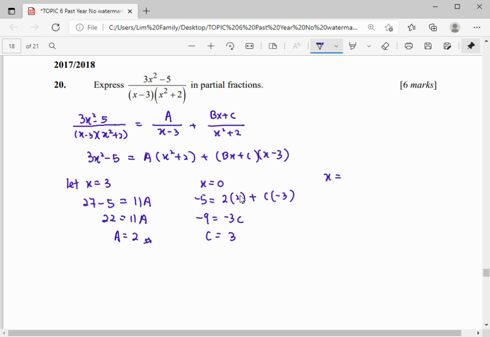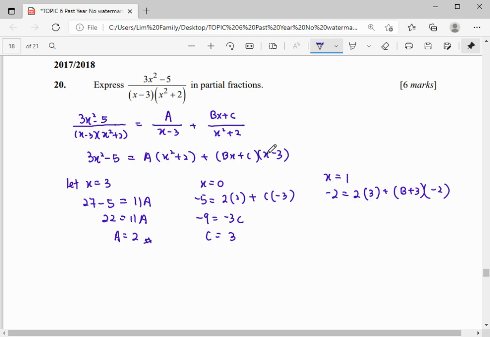For the last value, we can put any value of x. So that it is easier to calculate, I will put the value 1. When I substitute here, I get negative 2. A is 2, then 1 squared plus 2 is 3, then 1B plus C, so B plus 3, then 1 minus 3, negative 2. Substitute 1 one by one here.